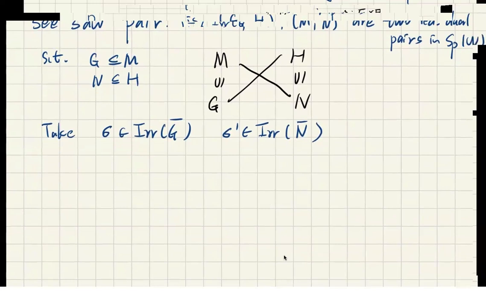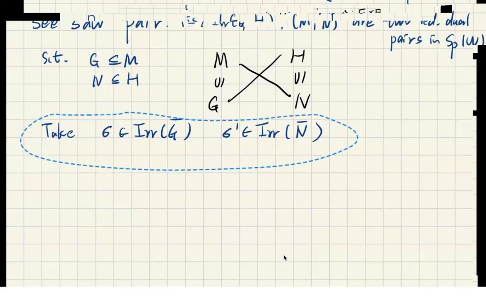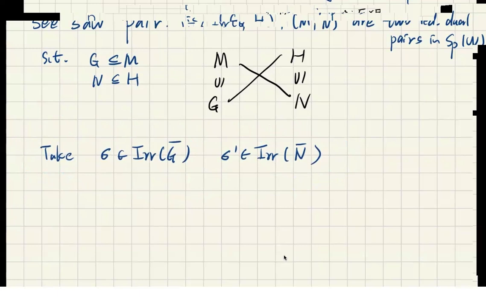In this case, we are interested in seeing that if you take these two irreducible representations, then you consider the big theta of sigma. This is a representation, a priori, of H. Then you restrict this representation to N because N is a subgroup of H, to see whether sigma prime occurs in this representation.